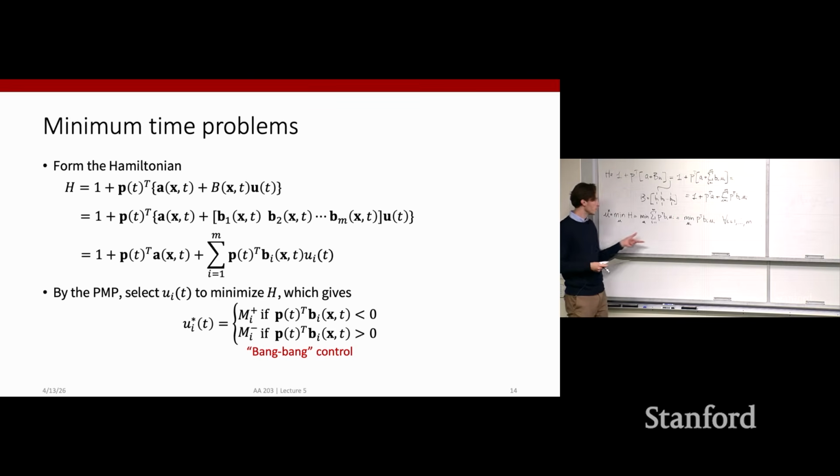Yes. Now, how do we minimize this? Again, I think it's good to consider different cases. Specifically, our optimal control u star will depend on whether P transpose B_i is positive or negative. So if P transpose B_i is positive, what is the minimizer u in this case?